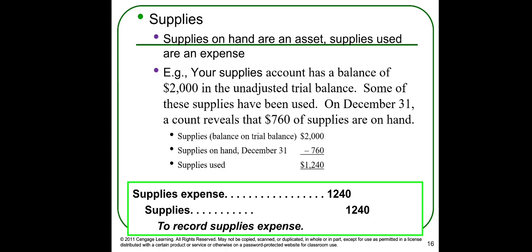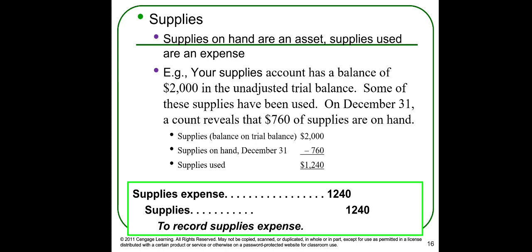So debit supplies expense 1,240, and then credit account supplies 1,240.